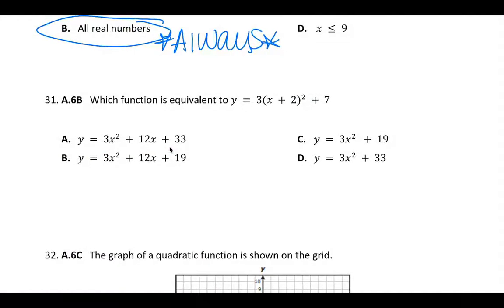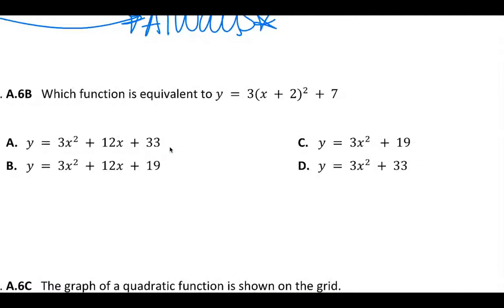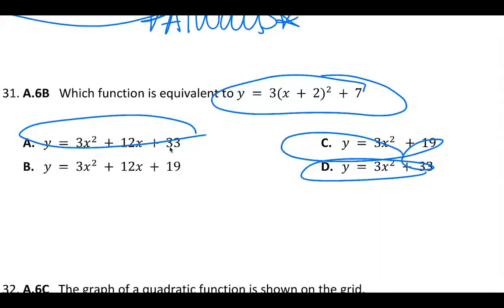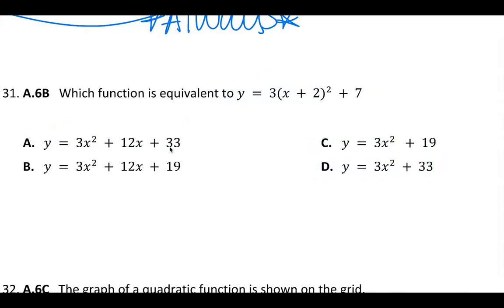Which function is equivalent? Option 1 would be to either solve it. So I'm going to do the box method and solve it. Or you can plug in this one and then plug in these answer choices and see which one matches up. I'm going to do the box method.